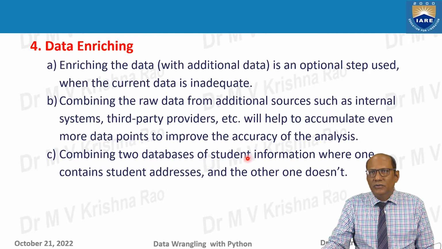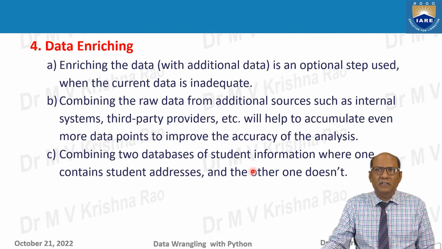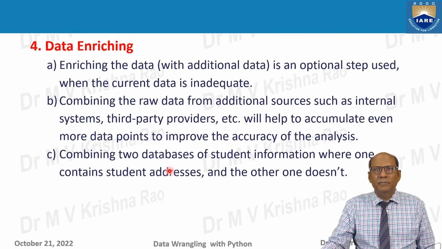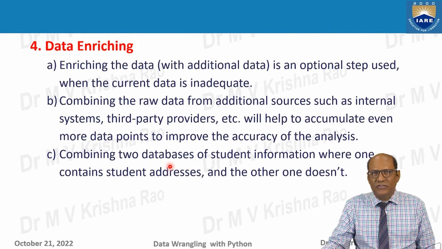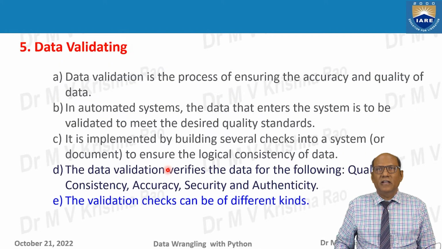For example, one data set contains student addresses, the other one doesn't. It is the same class, same section, same roll numbers, but one department has collected the student addresses, while the other department has collected only roll numbers. By adding these two, your data can become more enriched. That is the meaning of enriching the data.